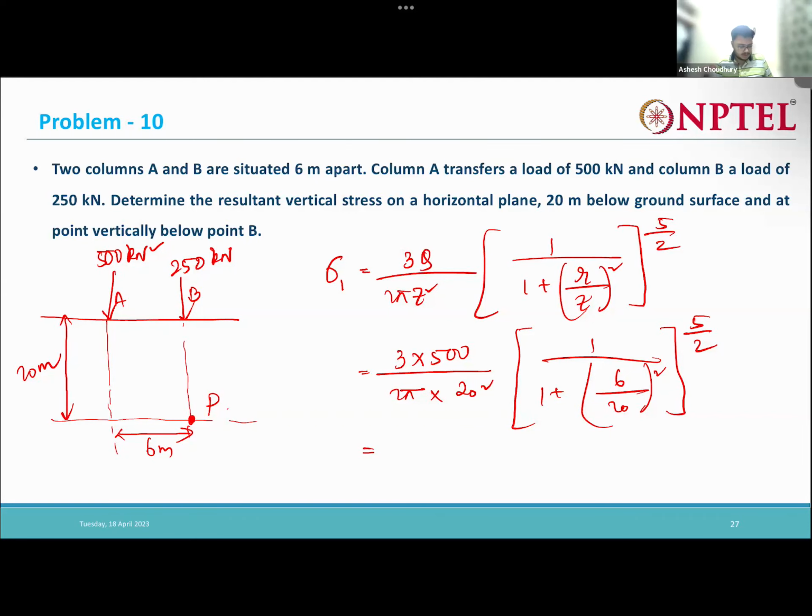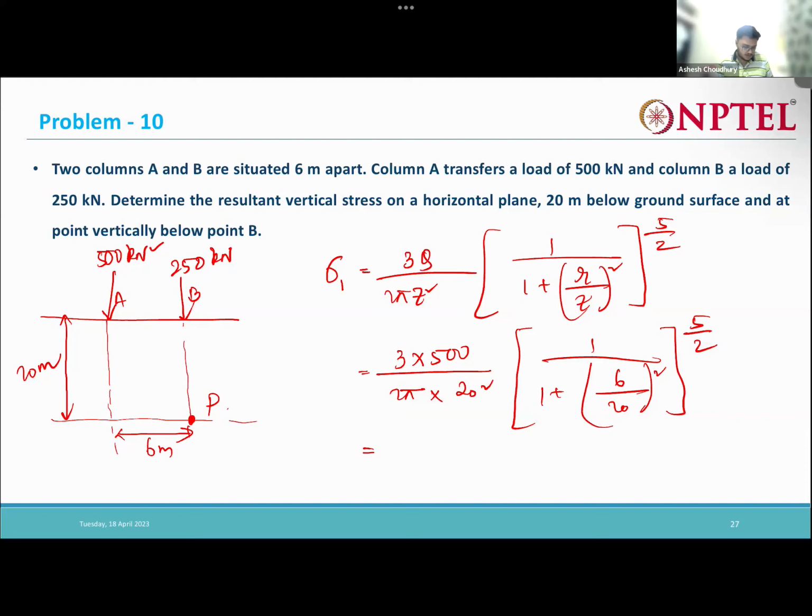How much? 6.2. Let me check once. 6 square by 20 square.